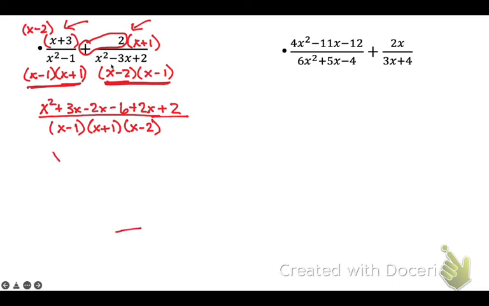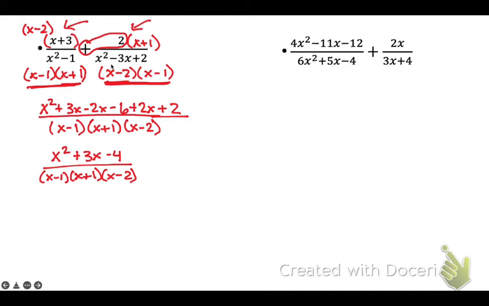So I get x squared plus 3x minus 4 over x minus 1, x plus 1, and x minus 2. The last step is to factor the numerator if I can. Because if I can reduce, I still want to reduce, right?